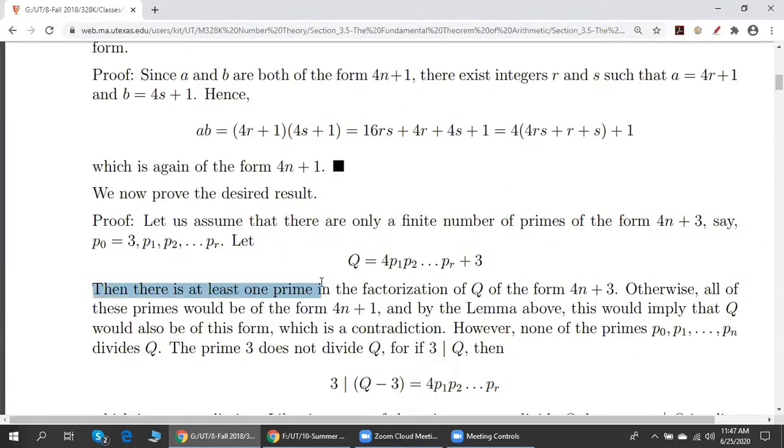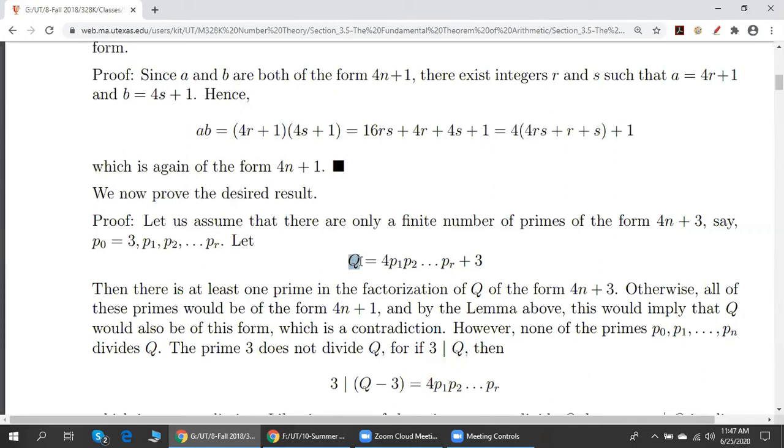Let us show that one of the prime factors of Q is of the form 4n plus 3. So once again, don't confuse factorization of Q and this expression. What we see over here is not factorization of Q. It's just some product. 4 times P1 times P2 and so on times PR.